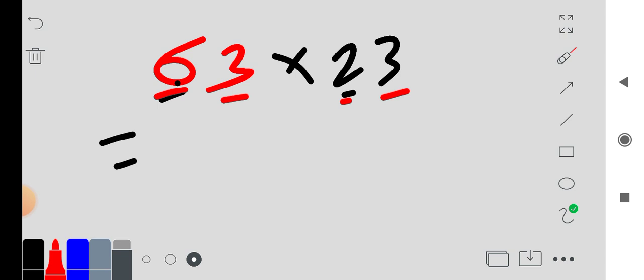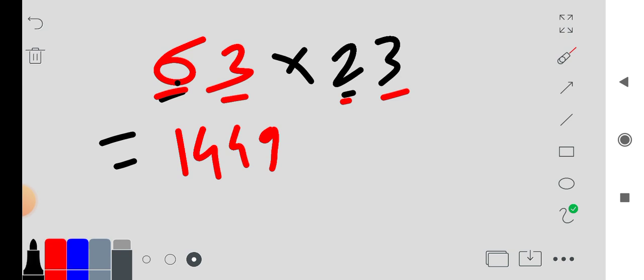So 24, and that means 240. So 24 are number of tens, so 240. So we have to add 1209 and 240. So it is nothing but 1200 and 200 is 1400, and 9 and 40 is nothing but 49. So 1449. Now check by another method.